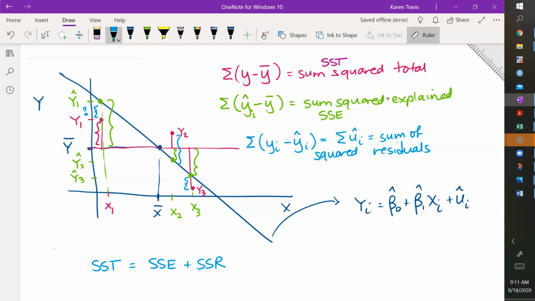And so looking at the first data point is the easiest visually. The whole variation was the pink, and if I took that green bracket of what I explained and then added a negative of the little blue bracket, I would end up with the pink bracket.